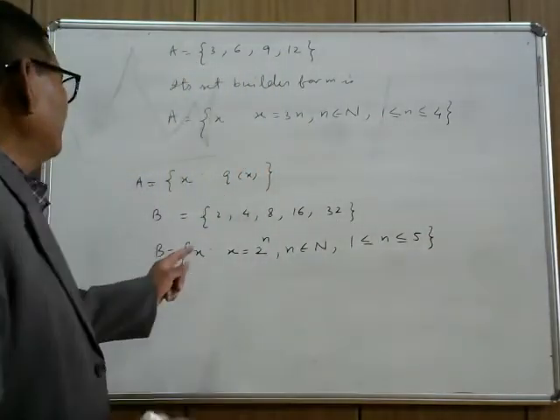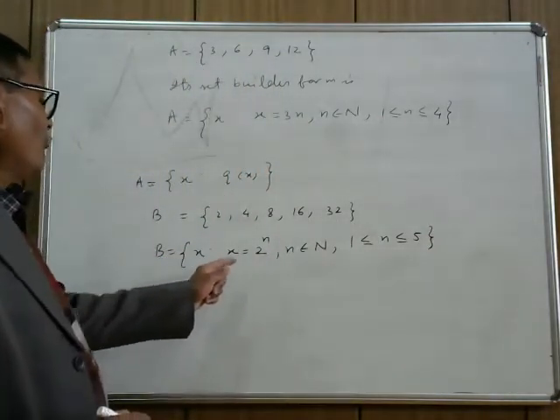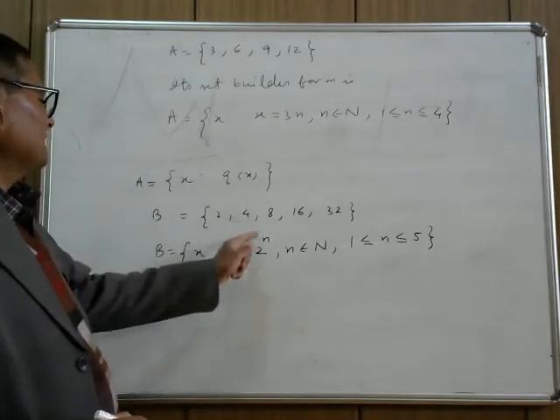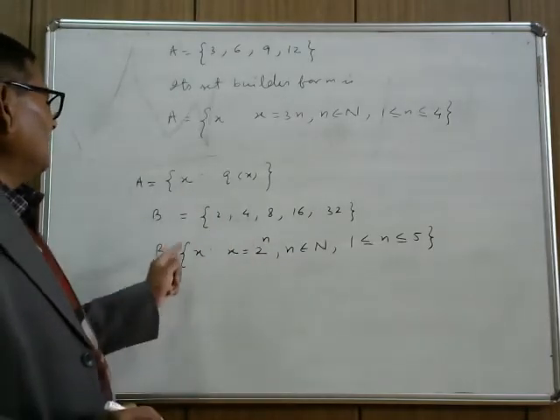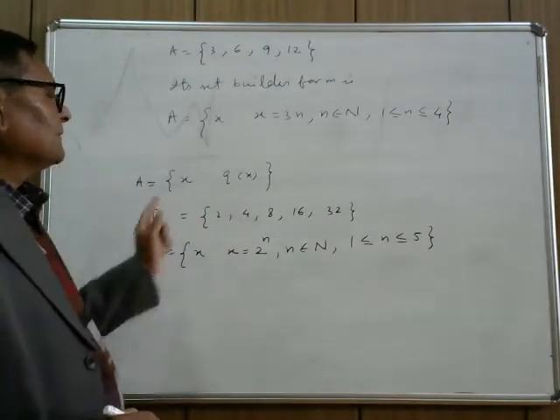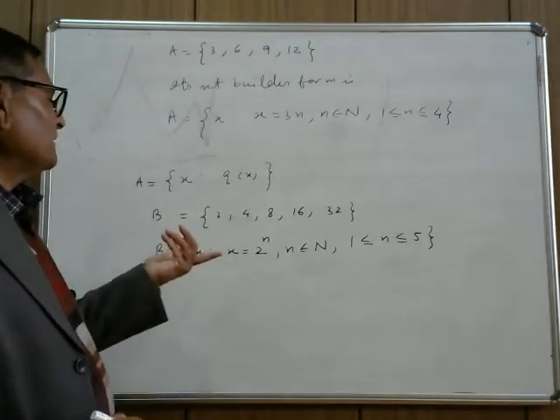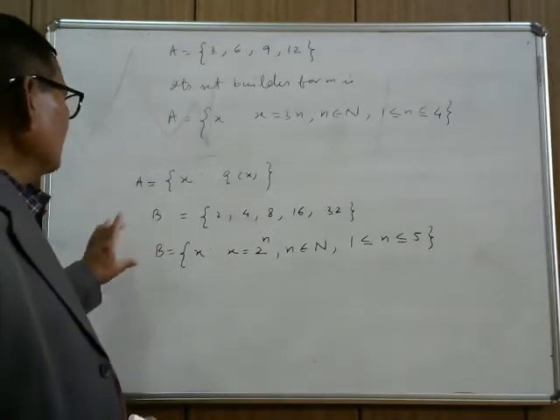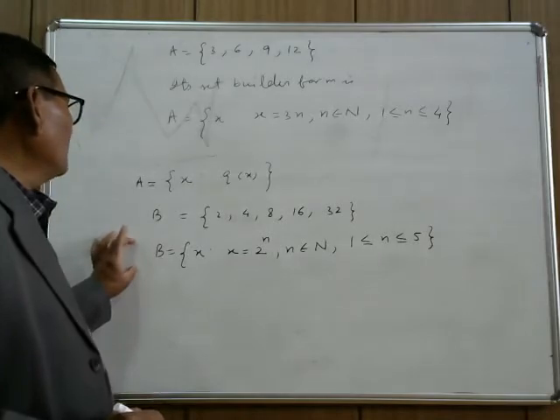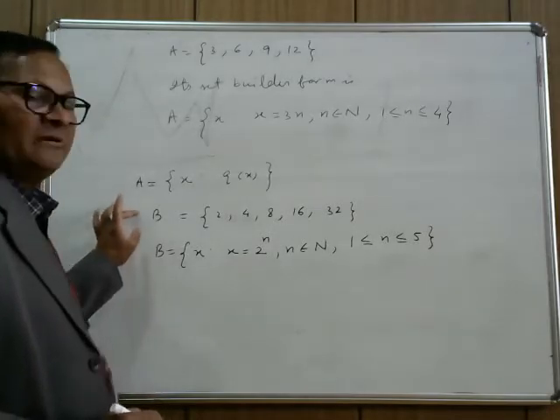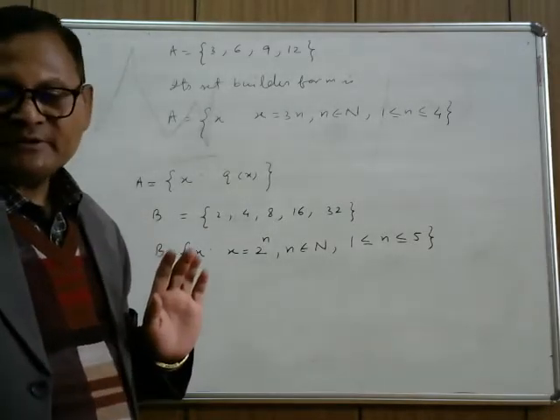Again you observe that when you take n as x and x as q(x), your condition for q(x) is true. So that is the correct set builder form for the given set B, which is given in roster form.